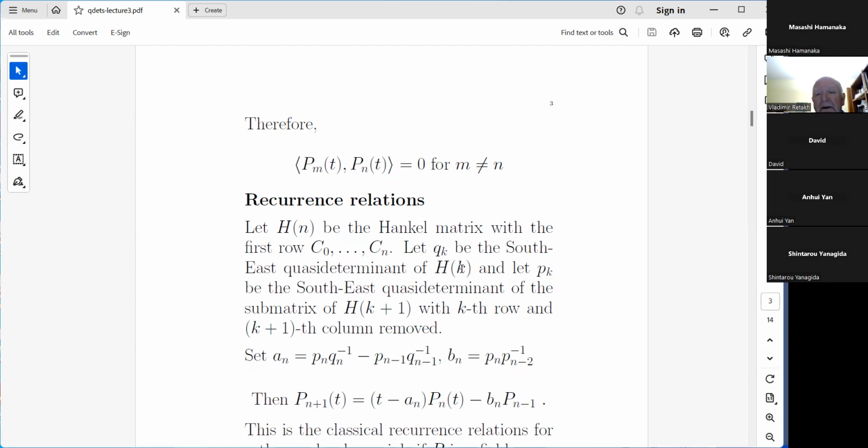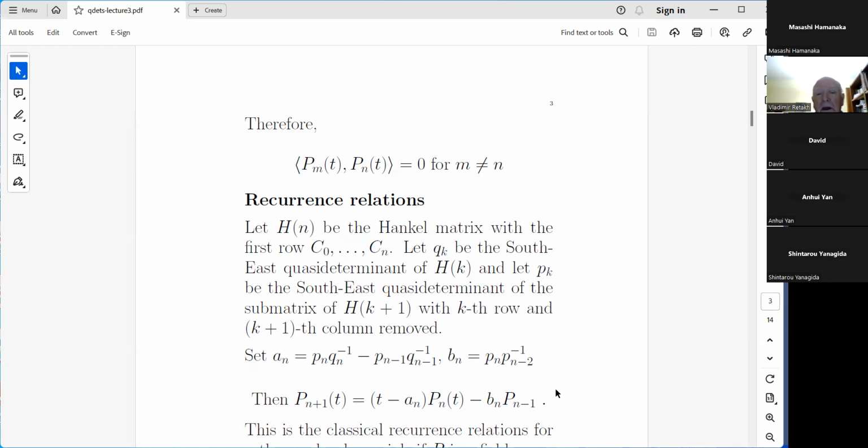P sub k is the quasi-determinant of another k by k matrix. Then the coefficients are defined by this formula, and you have this recurrence relation.